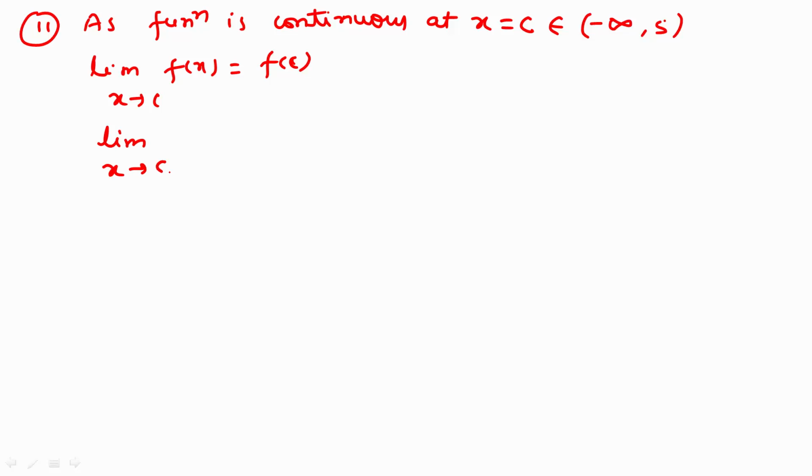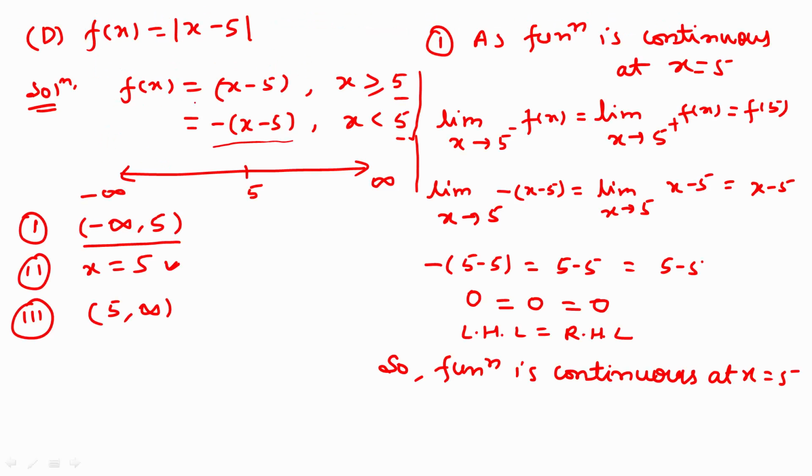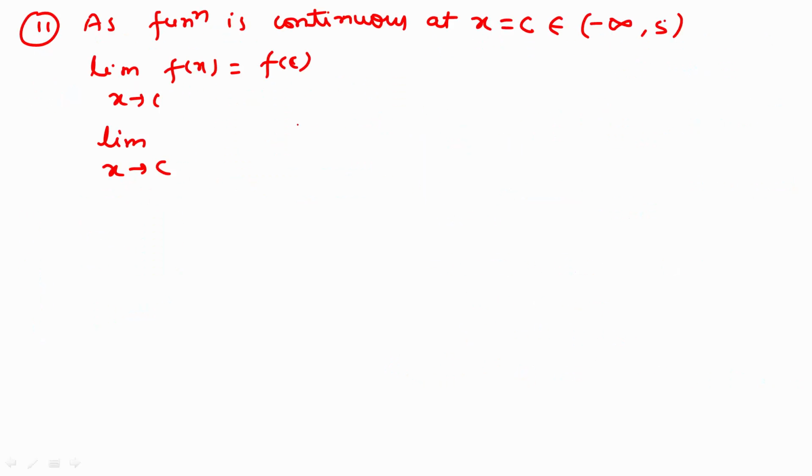Limit x tends to c, you can see that in the open interval minus infinity to 5, x is always less than 5, or c is always less than 5. If c is always less than 5, we will take the function minus (x minus 5). So the function will be minus (x minus 5), and f of c is also minus (c minus 5).